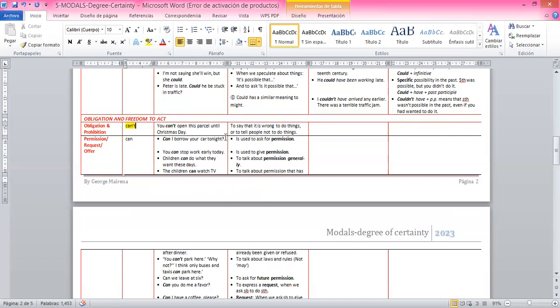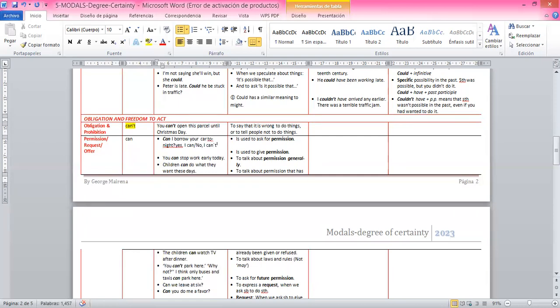So the answer here could be yes, I can, okay? If that is possible, if you're able to lend me your car. But if you cannot, you can say no, I can't, okay?